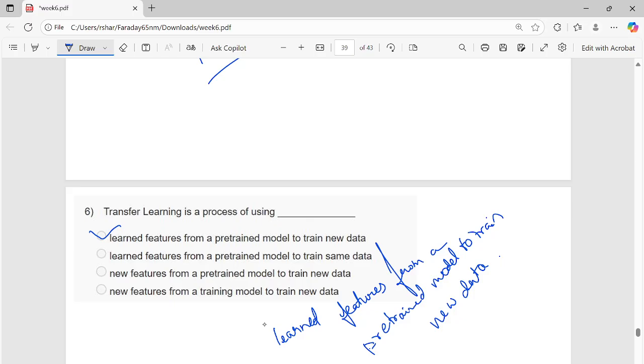Transfer learning is a technique in machine learning where a model developed for one task is reused as the starting point for a model on a second task.